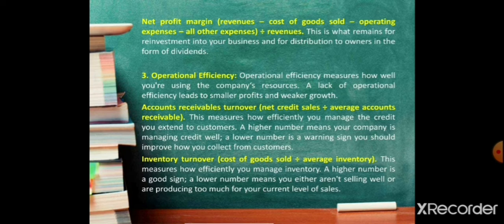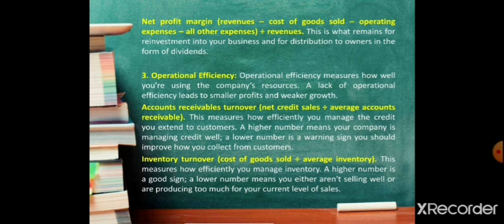Inventory turnover is cost of goods sold divided by average inventory. This measures how efficiently the company or organization manages inventory. A higher number is a good sign. A lower number means the business concern either is not selling well or is producing too much for its current level of sales.